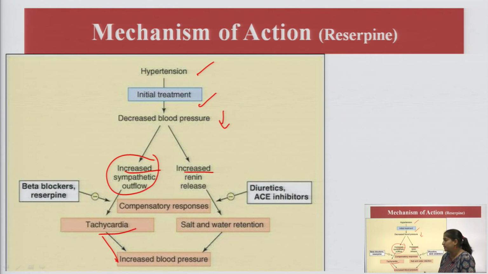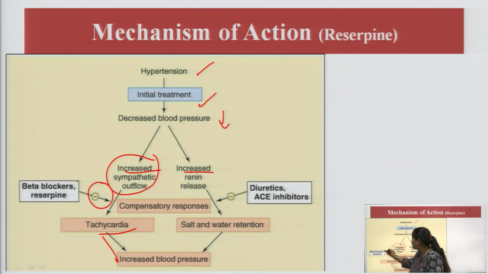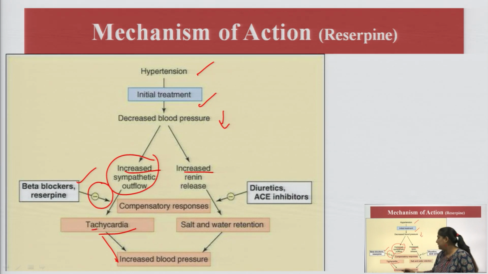So what we can do is use some beta blockers and Reserpine here, so that tachycardia should not happen and ultimately blood pressure should not increase. So in the very early symptoms of hypertension, Reserpine is a very good agent to treat hypertension. And in the second case, what happens?